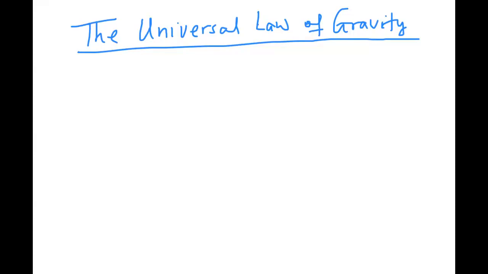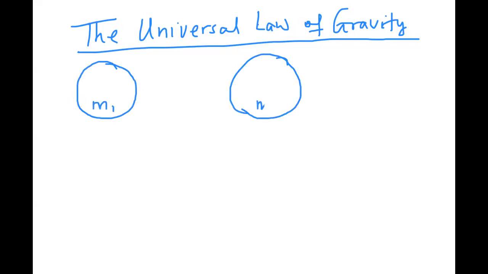To understand the universal law of gravity, or to understand the nature of gravity, we are going to go through this discussion, starting by looking at two masses, like mass 1 and mass 2. This is the center here.